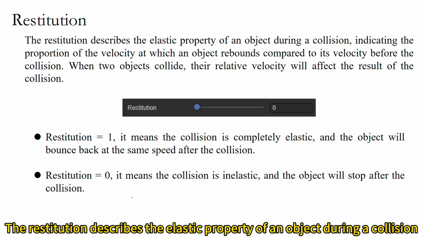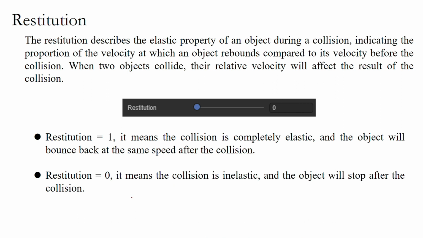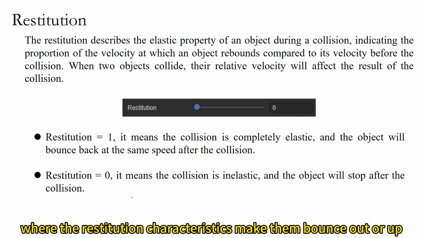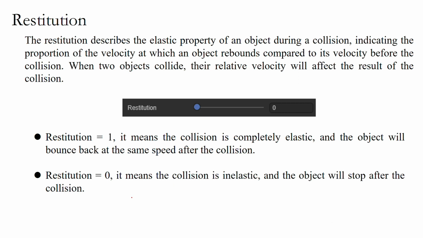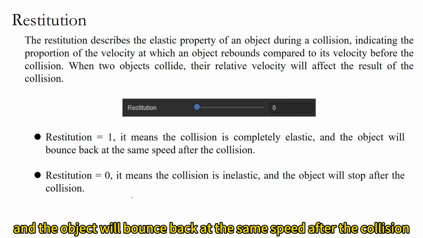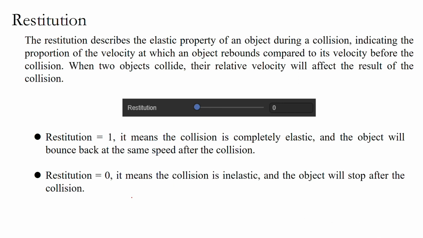The restitution describes the elastic property of an object during a collision. You can imagine playing table tennis or basketball, where the restitution characteristics make them bounce out or up. If the restitution is 1, it means the collision is completely elastic, and the object will bounce back at the same speed after the collision.